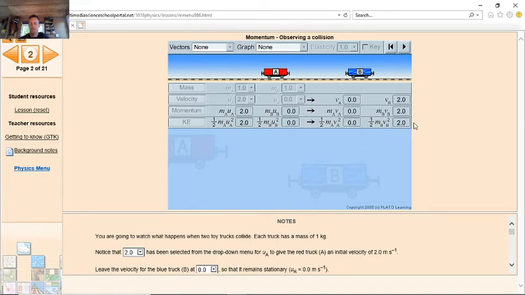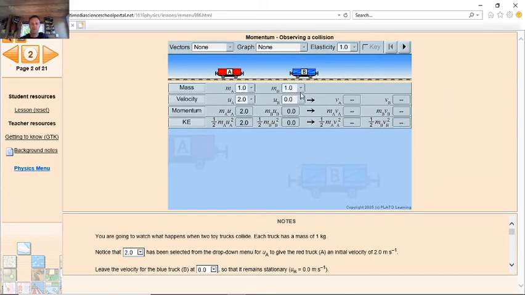And B's final kinetic energy is going to be 2, because it's half m_B multiplied by the final velocity squared. Can you see the total kinetic energy before equals the total kinetic energy afterwards? Kinetic energy has to be conserved.